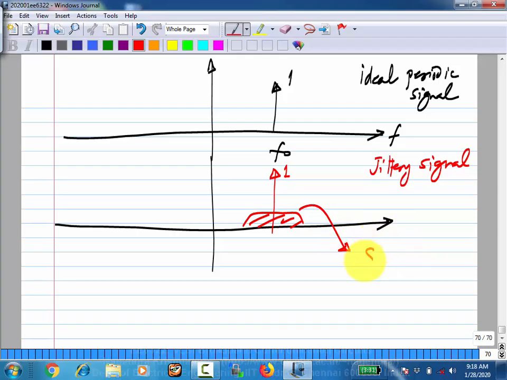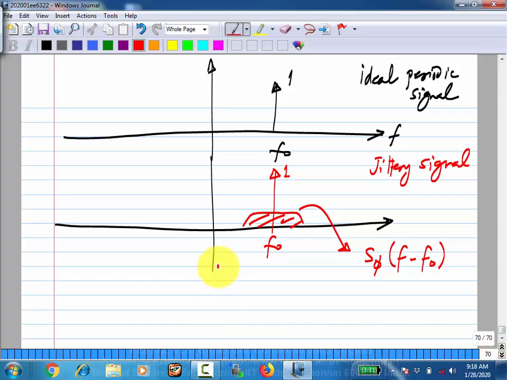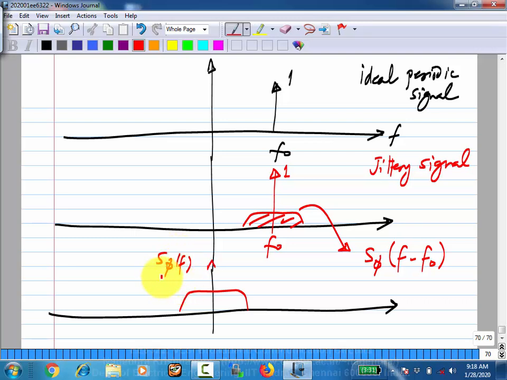This is basically the spectral density of phase error, the spectral density of phase jitter translated to that frequency. Okay? So the phase itself will have, this whole thing, this is basically S phi of f, right? Is this okay? And this S phi of f, by the way, this, let's say, is S phi of f. This is the two-sided spectral density of the phase.